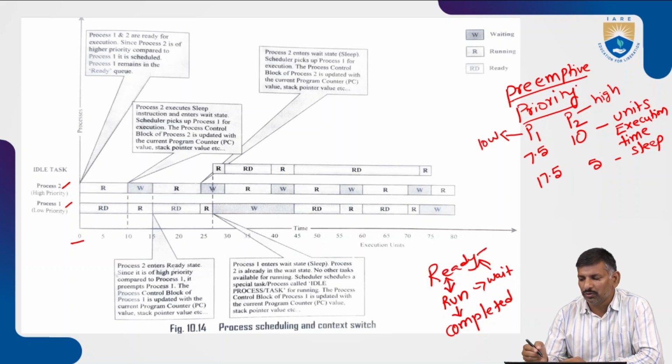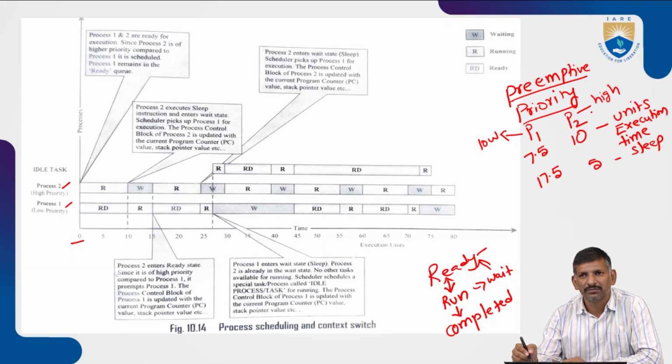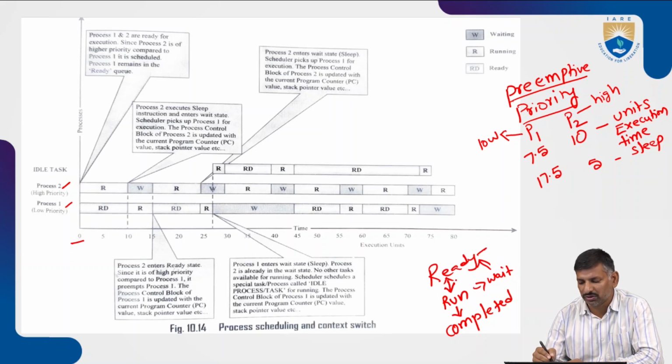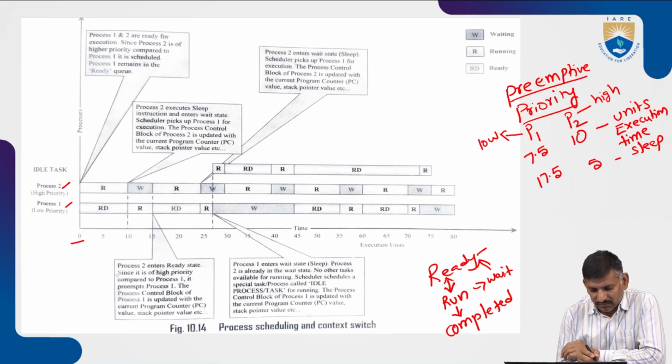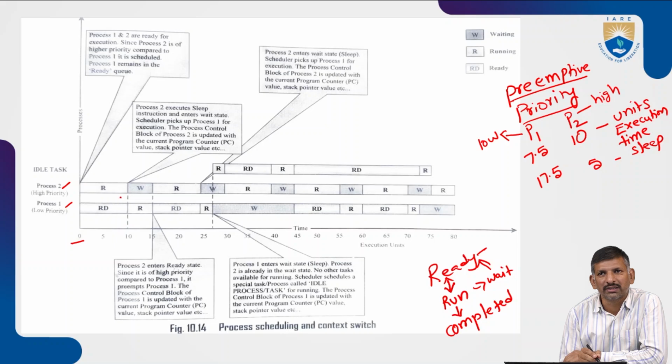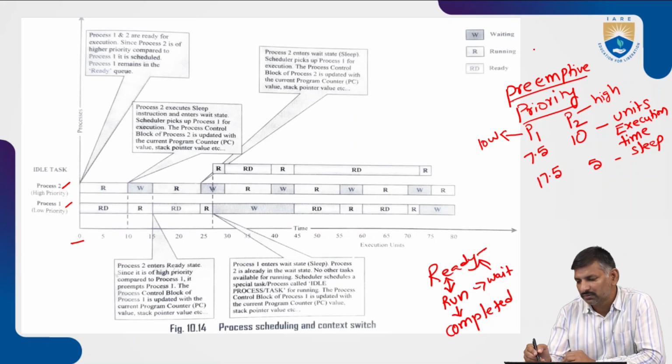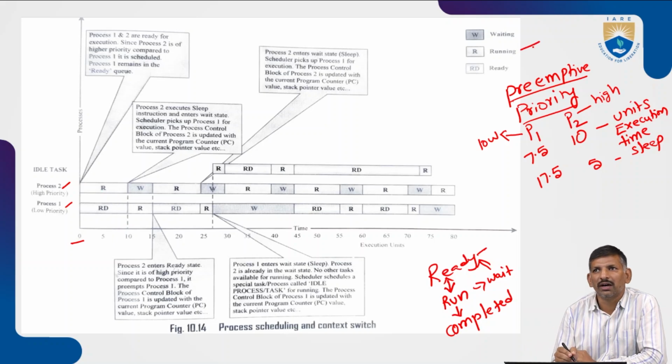Among P1 and P2, P2 is the highest priority, so P2 is scheduled for execution and goes to the running state. R means running, and P1 stays in the ready state.